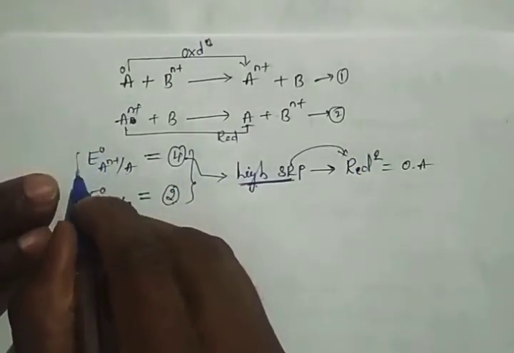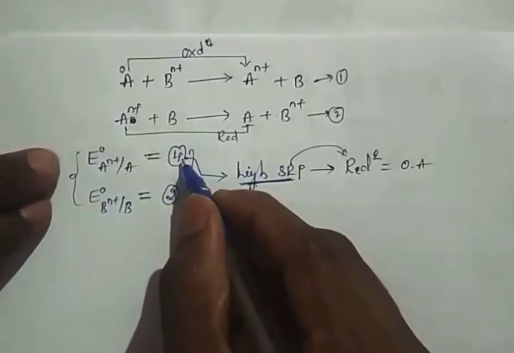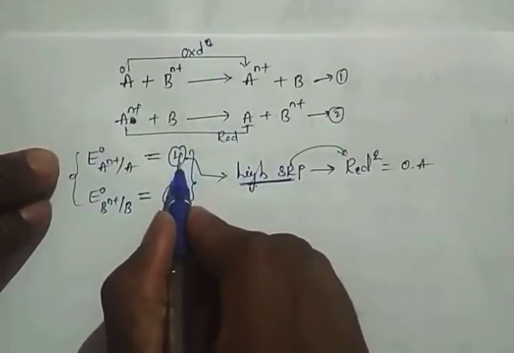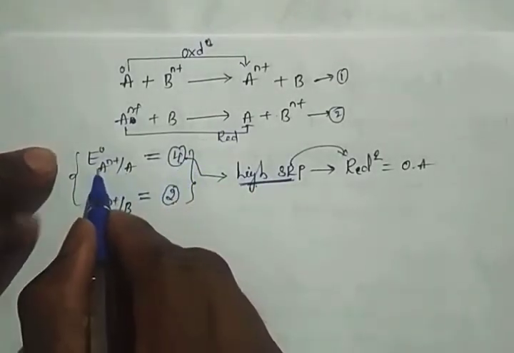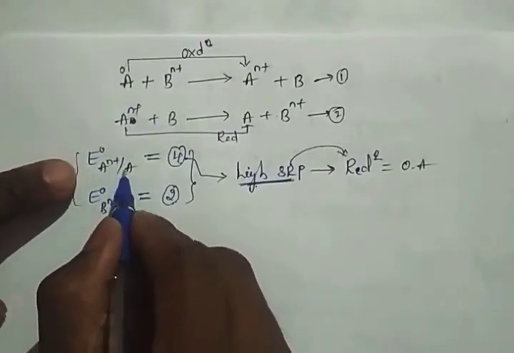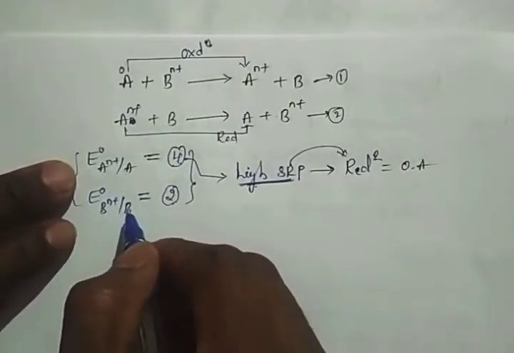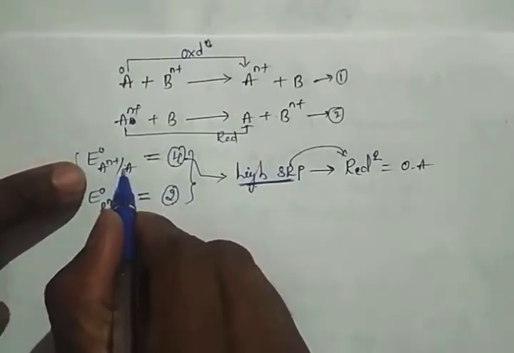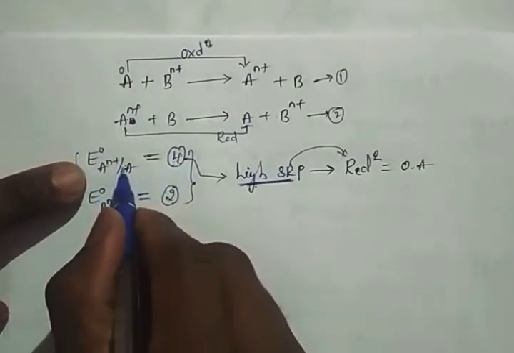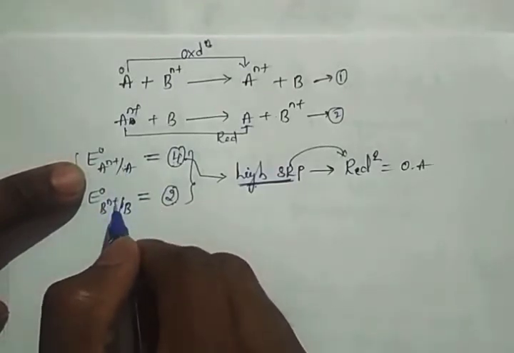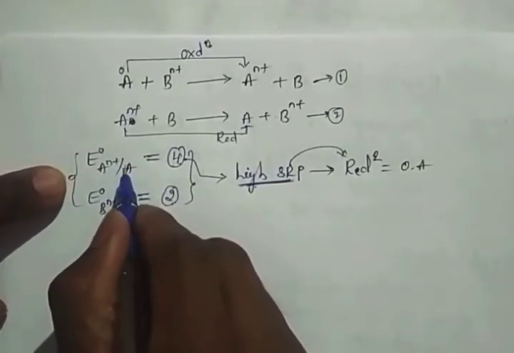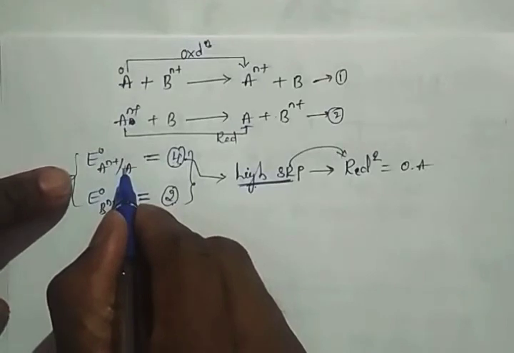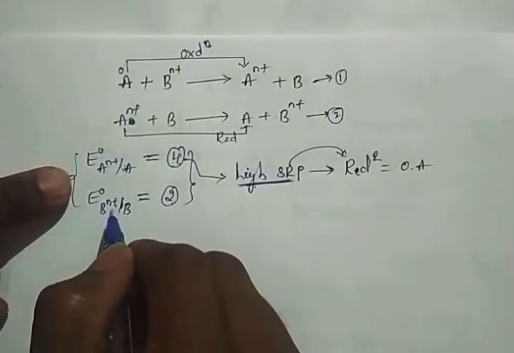So among these two electrodes, which value is higher? 4 is higher. That means the reduction potential of A is greater than B. That means among A and B electrodes, A has a higher tendency to undergo reduction than B. So therefore, A must undergo reduction and B undergoes oxidation.